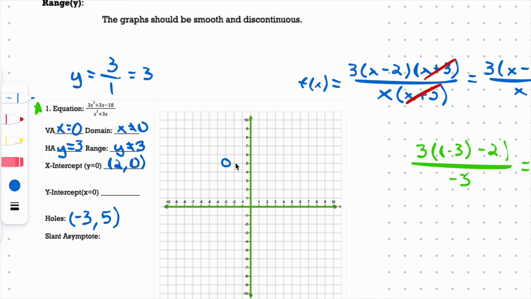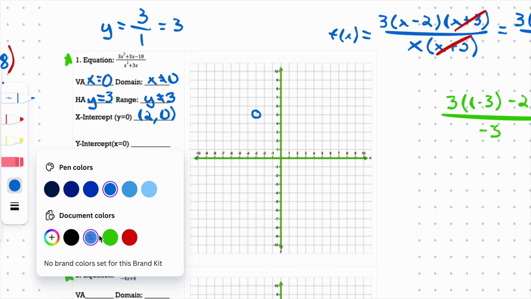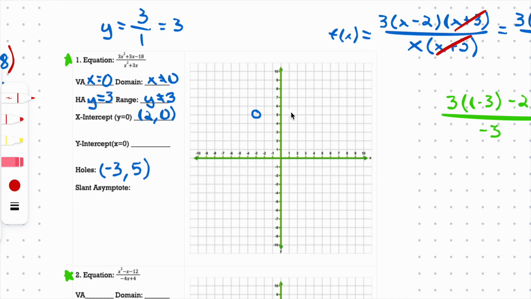Okay, so we have a bunch of information. And at this point, I'm going to graph the asymptotes. Okay, so we have a vertical asymptote at x equals 0. So that's going to go along this line right here.